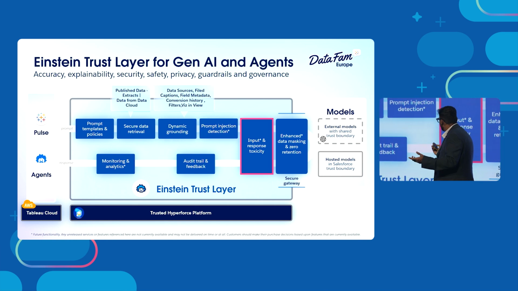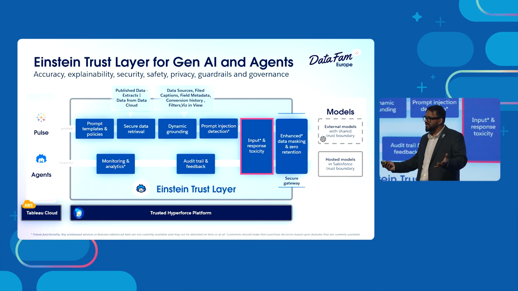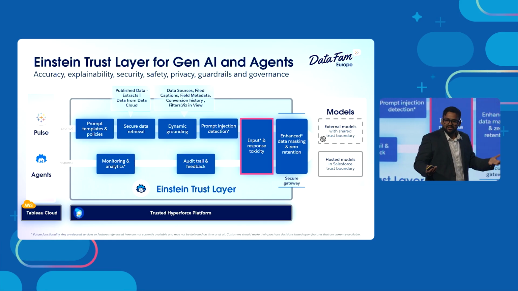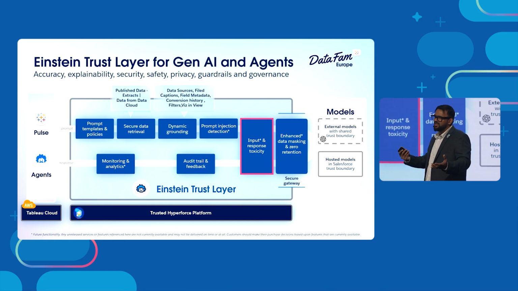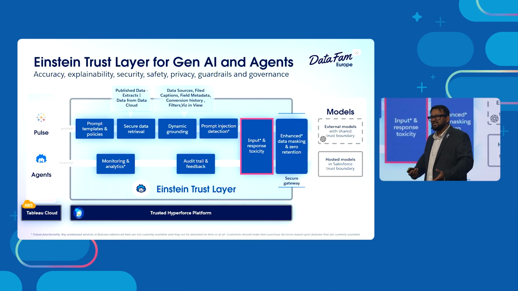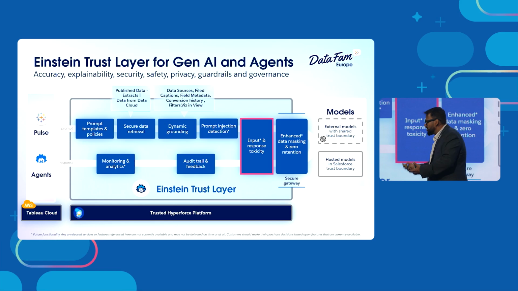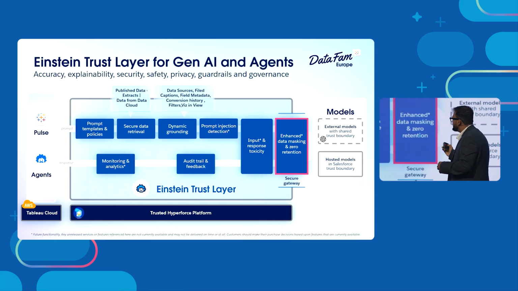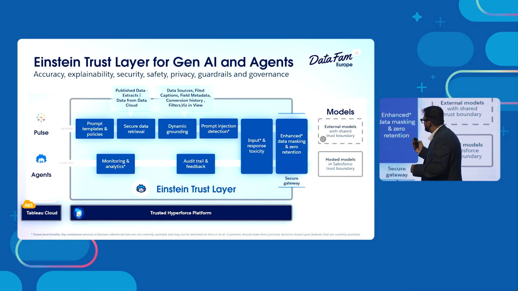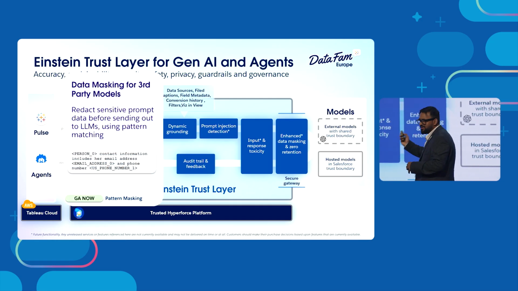Once we have that, we subject the whole input to toxicity detection. We're using DistilBERT models that look at the input to say, is this input toxic? Why? Because a toxic input is most likely to create a toxic output. Then we do data masking. This is where we look at pattern-based data masking.